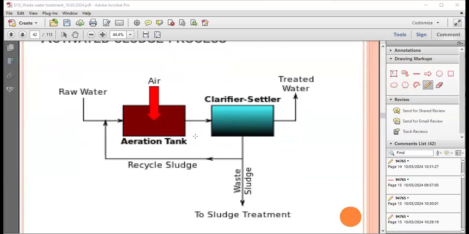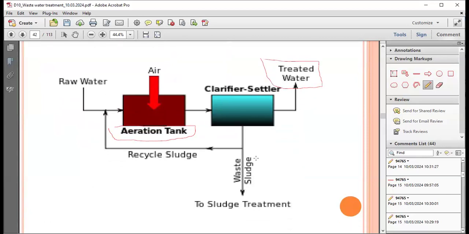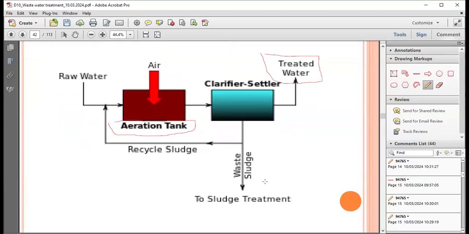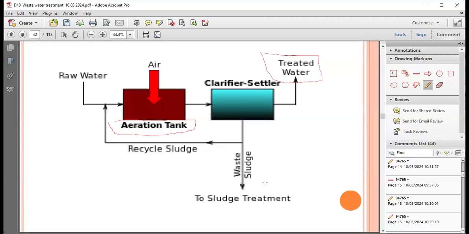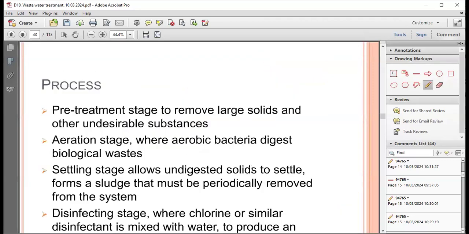Aeration means injecting the air into the aeration tank. Then recycle from the clarifier settler, treated water, and this one is waste sludge treatment, right? The process.